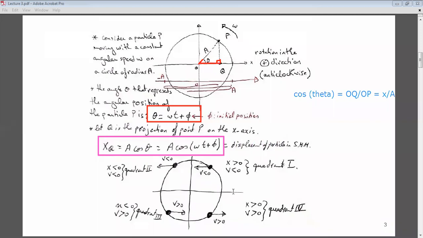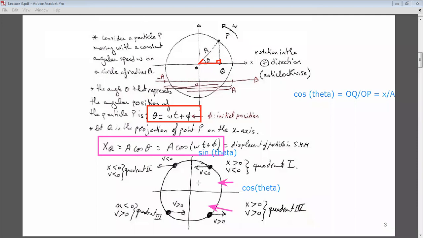If this is here the cosine of angle theta, and this is here the sine of angle theta, where is the cosine positive? It's positive here and here. So the cosine is positive in quadrant 1 and quadrant 4. It's negative in quadrant 2 and quadrant 3. Here the cosine is negative.